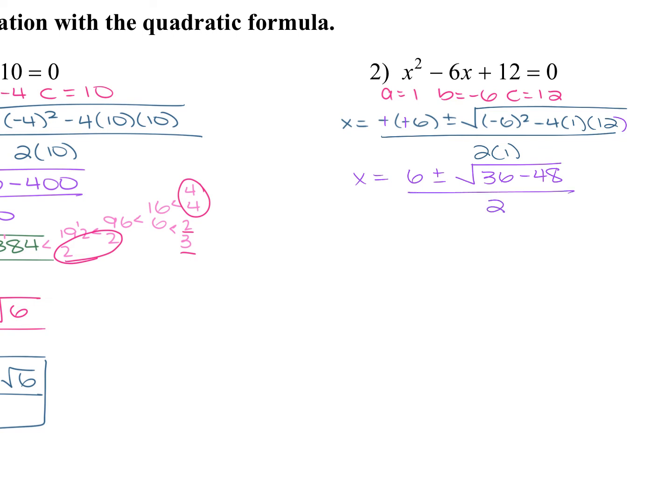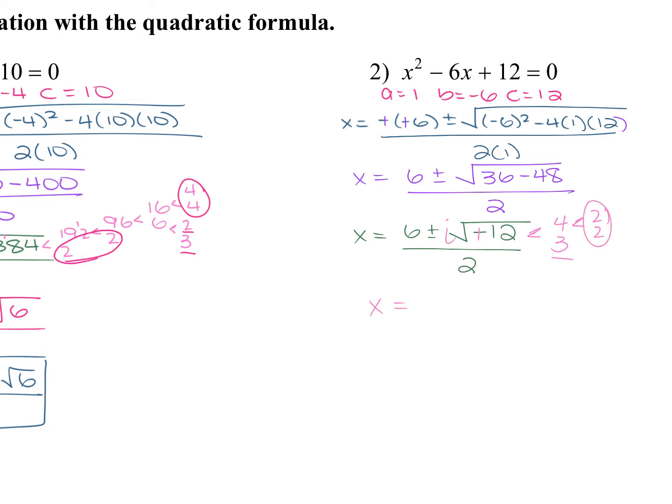Next, simplify the subtraction underneath the radical. So that's x is equal to 6 plus or minus the square root of -12 all over 2. That negative comes out as i. That 12 is 4 and 3. 4 is 2 and 2. Those 2's pair up. That 3 stays under.